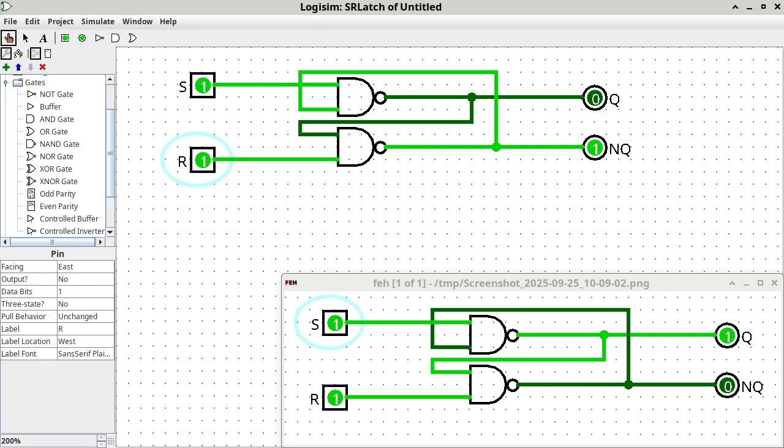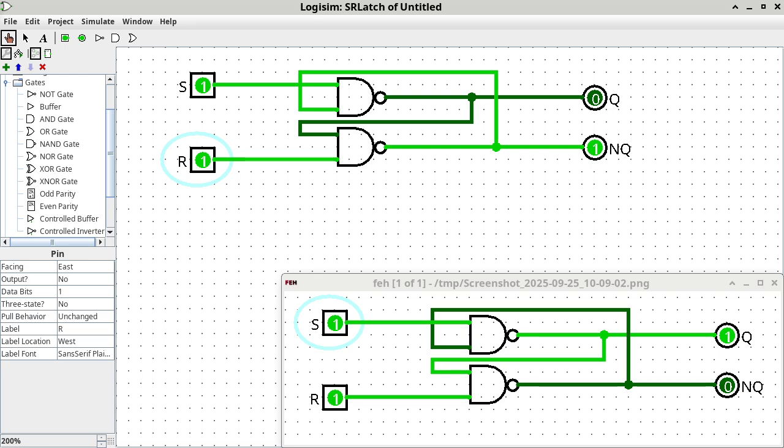So I hope it is now obvious that this device is a very elemental memory device, because when both inputs are ones, it simply says, whatever the state is at this point, we'll just keep it. Are we good? All right.